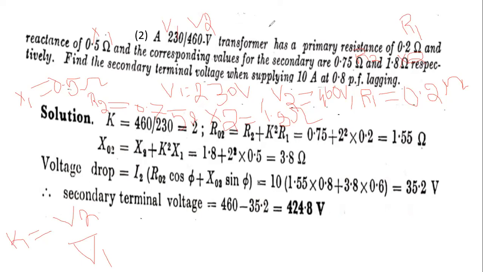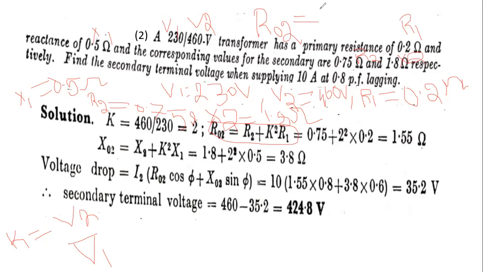What is the formula for R02? R02 is equal to R2 plus K square into R1, that is R2 plus R1 dash. R02 is the equivalent resistance referred to secondary.